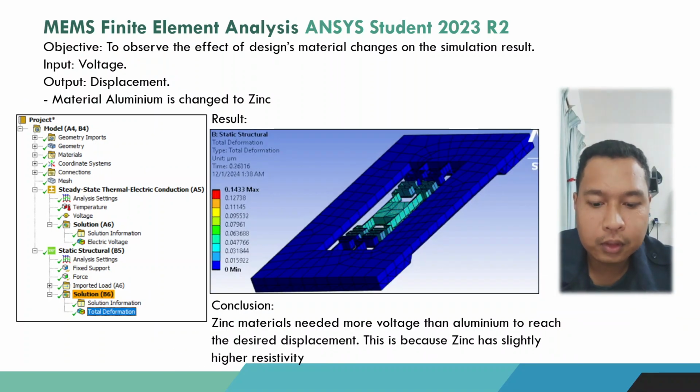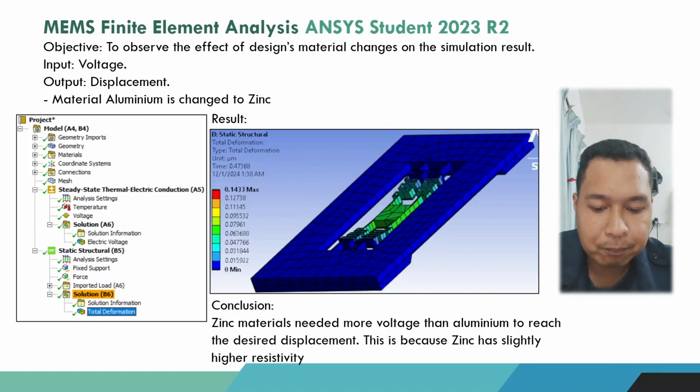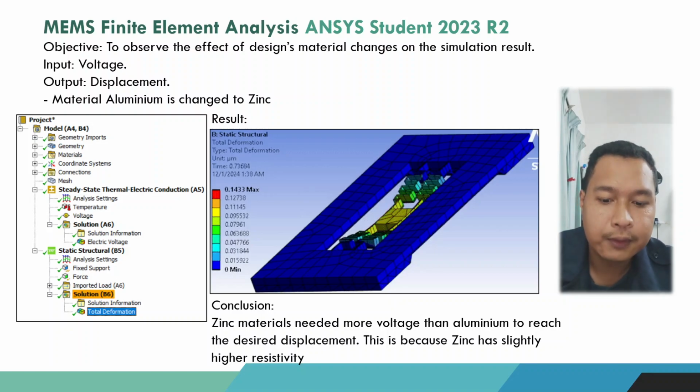My parameter is to change the materials. So for the MEMS electrostatic actuator, the parameter that I change is materials. There is a difference that happens when I changed from aluminium to zinc.